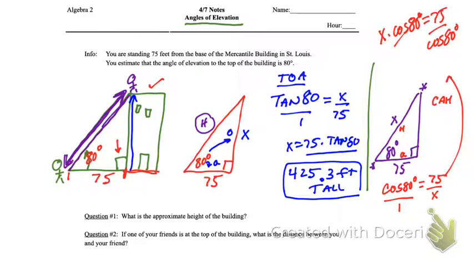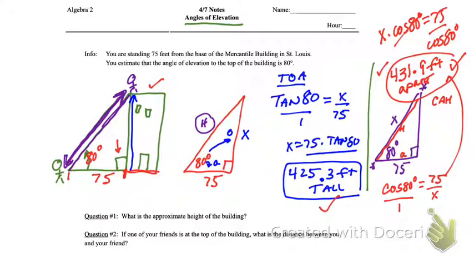And I get that you and your friend are 431.9 feet apart. So the building is 425 feet tall, and you and your friend are 431.9 feet apart. And just realize that the distance between you and your friend is the hypotenuse, so that's why that answer is bigger.